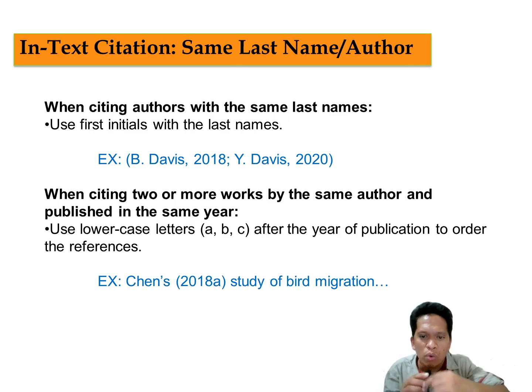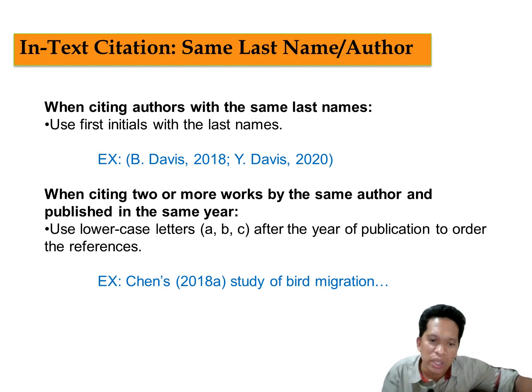So when citing two or more works by the same author and published in the same year, what will you do? The same author, but multiple works published in the same year. To avoid confusion, use lowercase letters A, B, C, and so on after the year of publication to order the references.